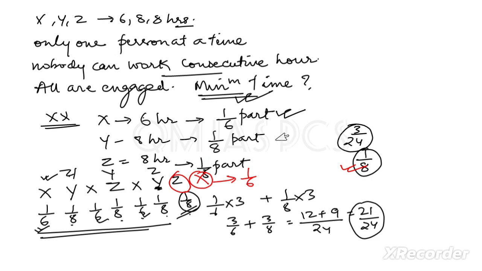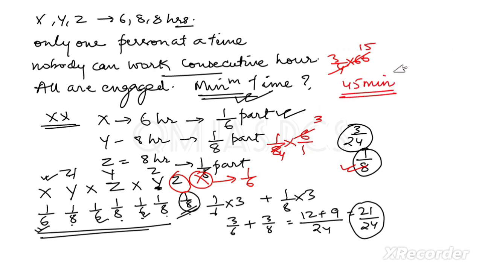We will write 1 by 8 multiplied by 6 by 1, so 3 by 4 hour it will take. Converting 3 by 4 hour to minutes, it is 3 by 4 multiplied by 60, that is 45 minutes. So you can count 1 2 3 4 5 6 hours and 45 minutes.